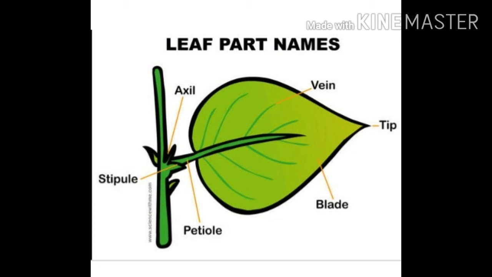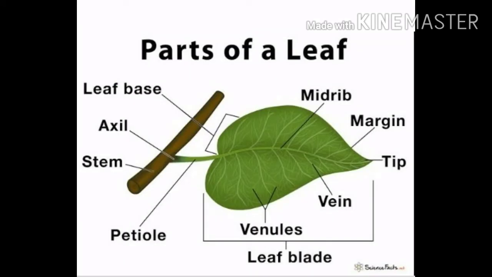Structure of the leaf. The leaf consists of three main parts: a leaf blade, a main vein, and side veins. The flat, broad portion of the leaf is called the leaf blade or lamina.